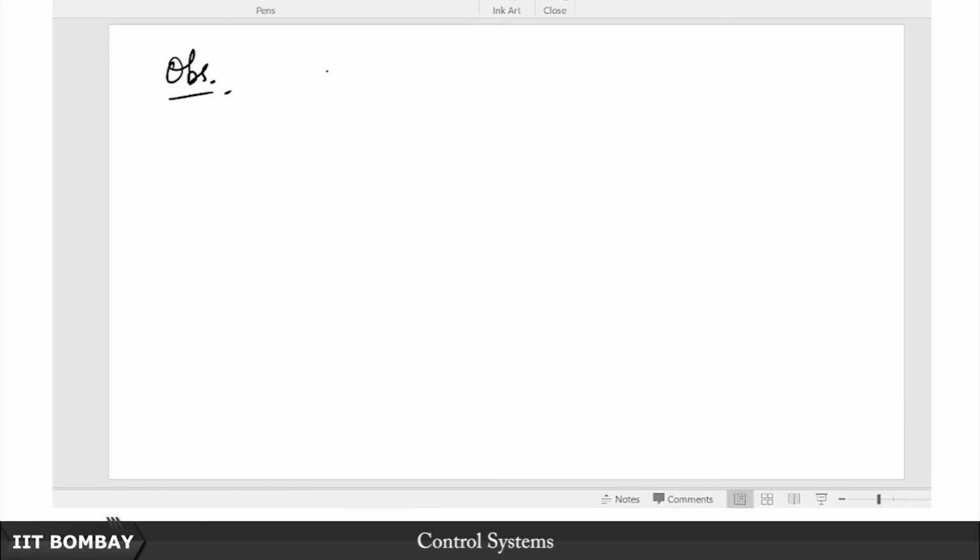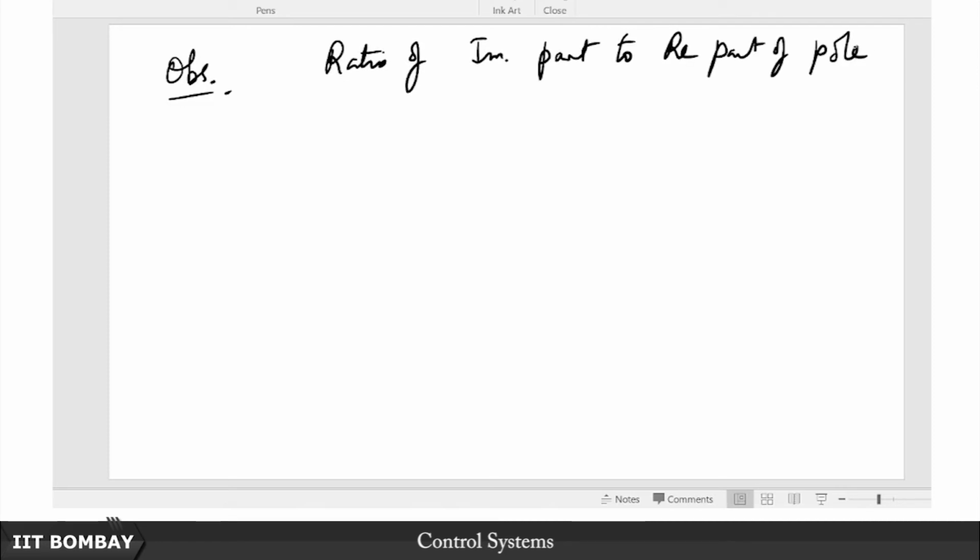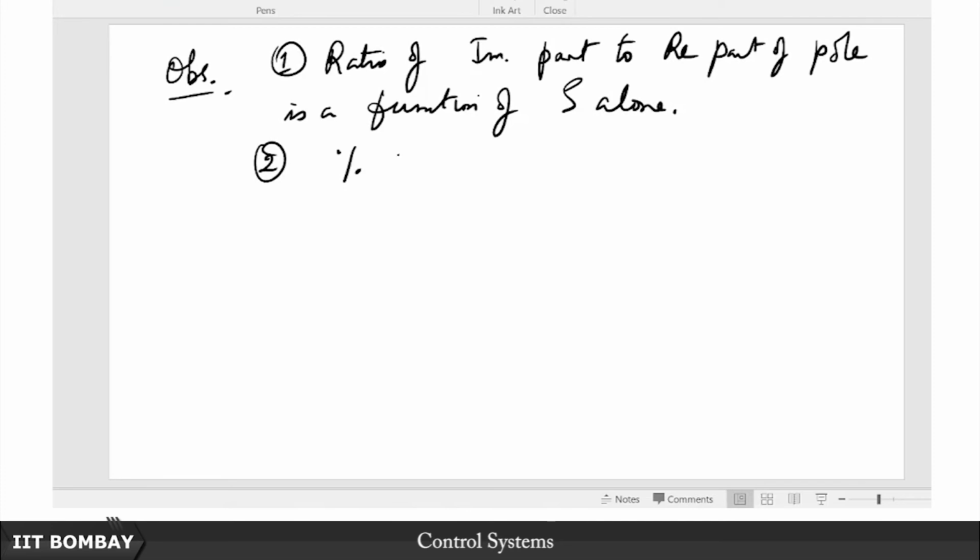The observation is that the ratio of imaginary part to real part of the pole is a function of zeta alone. This is observation 1. Observation 2, percentage overshoot is also a function of zeta alone, right.